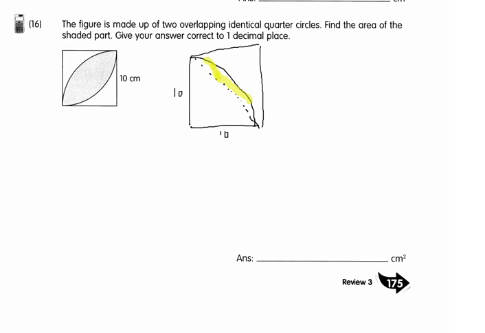Then now I have the entire full leaf. You can see it's made of two of it, right? So you just need to multiply by 2. Any issue? No. Can?